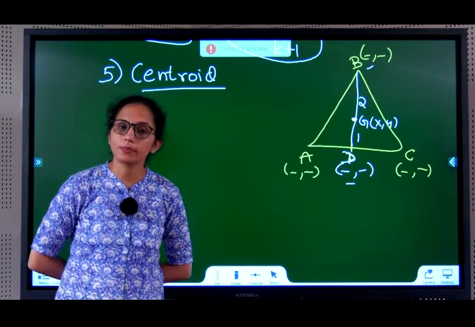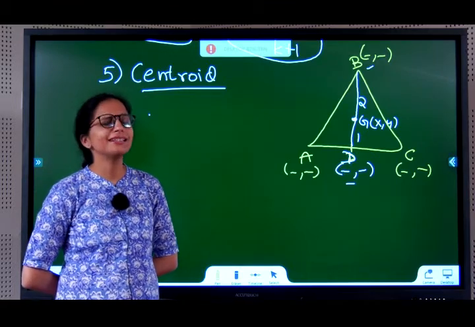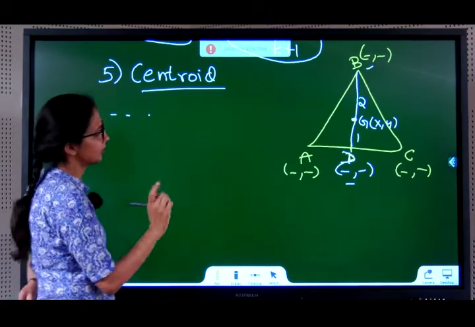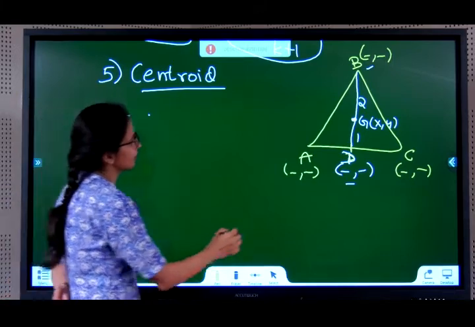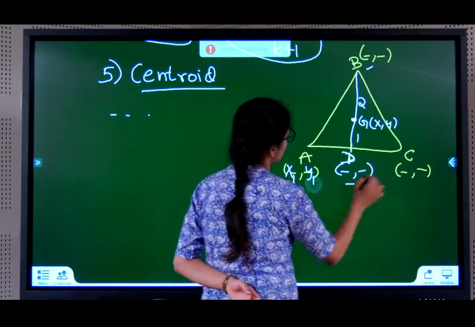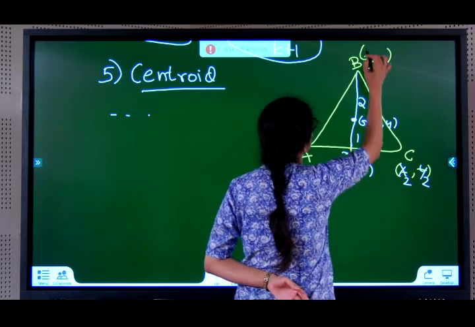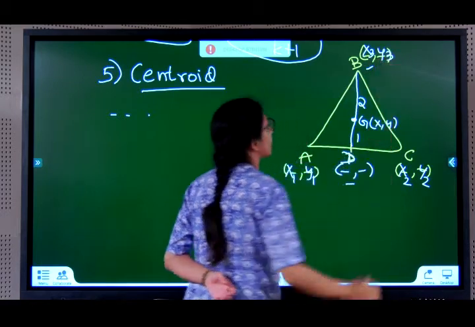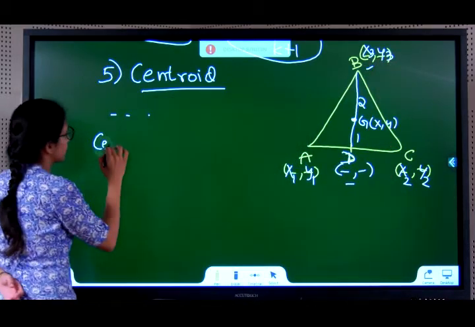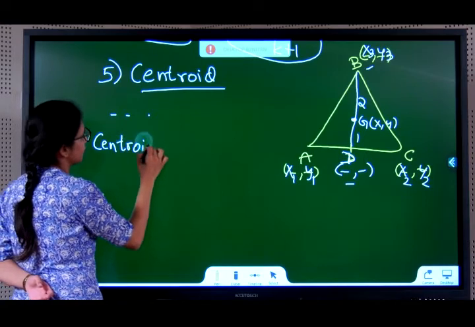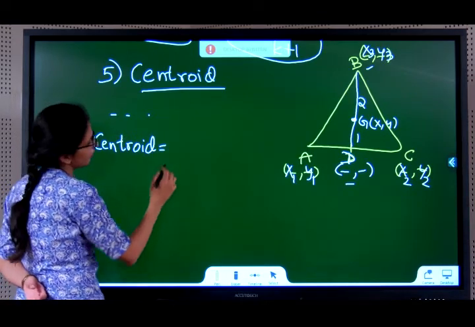This is a lengthy process. It is a correct process, a little lengthy. We have a shortcut for this. If you take any x1, y1, x2, y2, x3, y3, then the centroid is given as: this is the second method, that's the first method and second method.